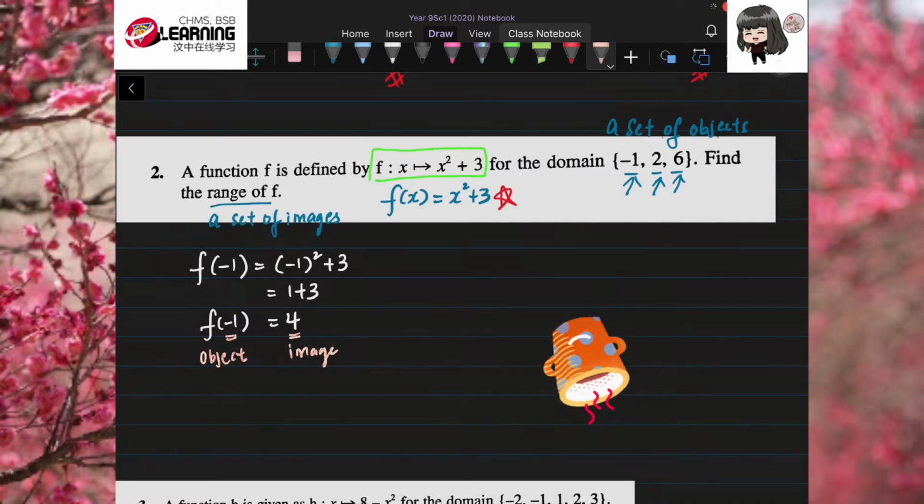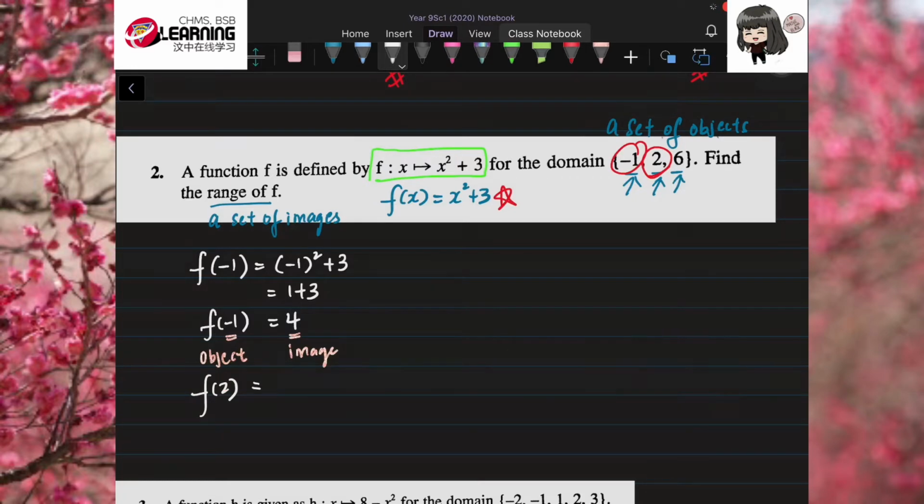Let's look at the other objects. We have already done -1. We sub in the 2, so we have f of 2. Sub into the function. For this one we don't need a bracket, or if you put a bracket, nothing wrong, because there's no negative. 2 squared plus 3, 4 plus 3 is 7.